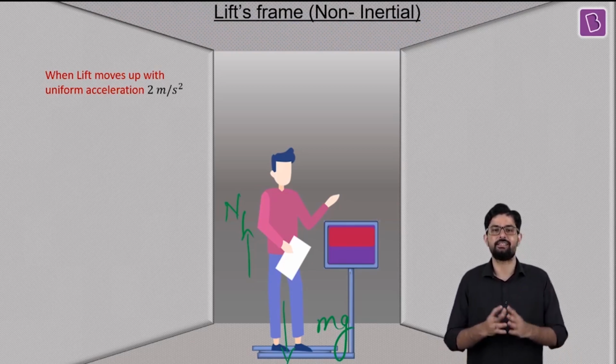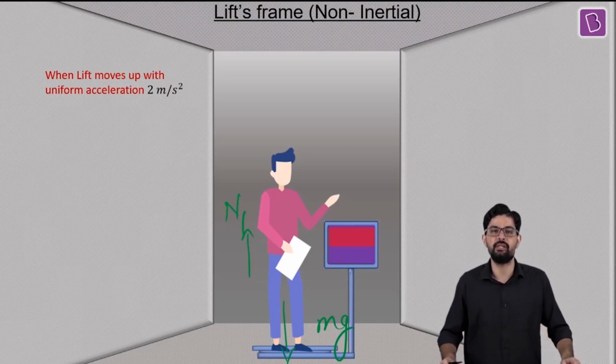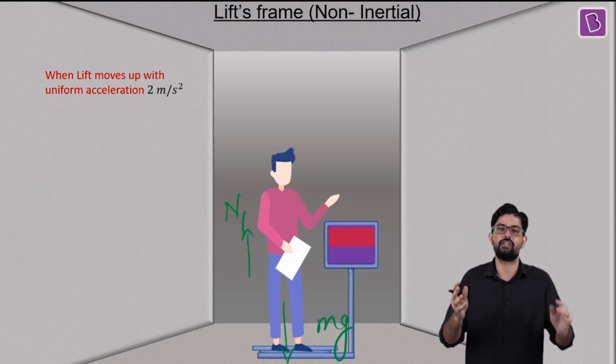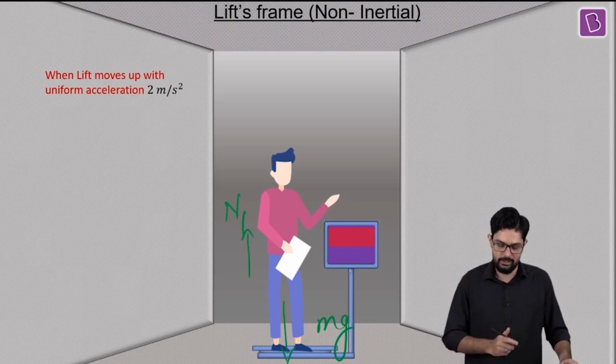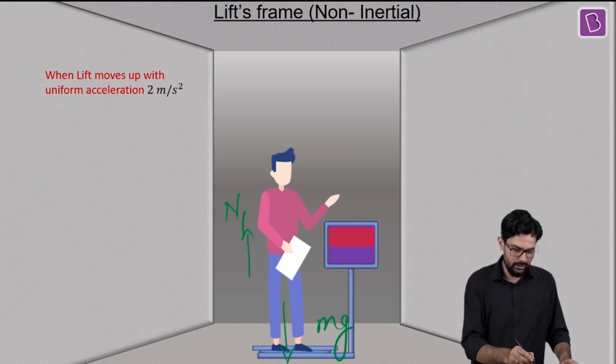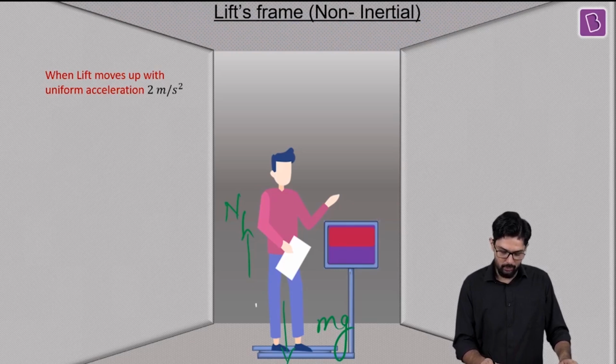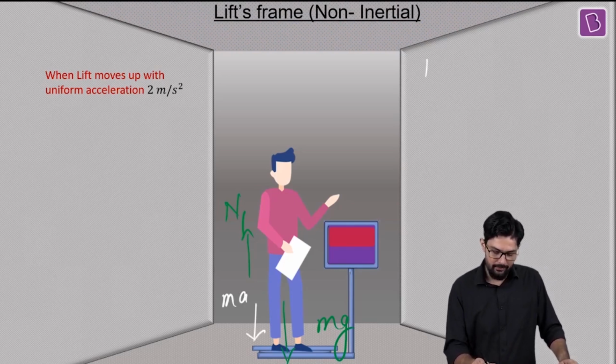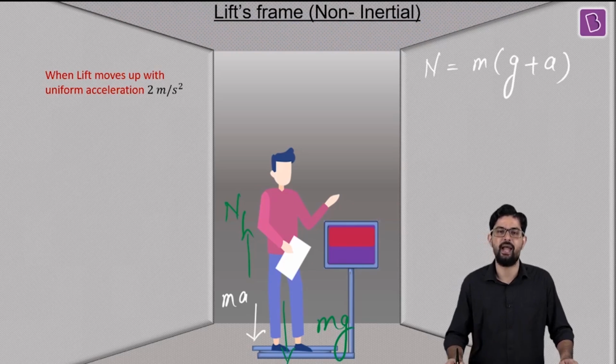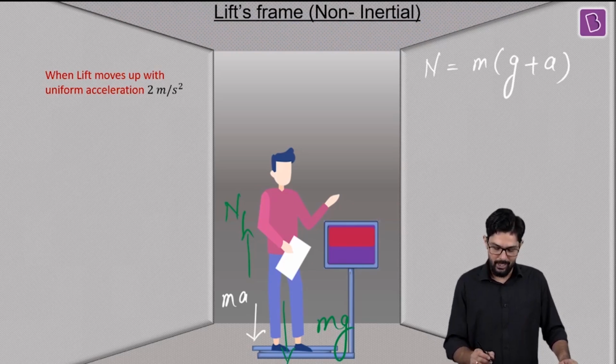So the magnitude is easy, m into a, but what will be the direction of this pseudo force? Well, the lift accelerates upwards. So the direction of pseudo force must be downwards. So the pseudo force is going to act in this case in the downwards direction, and the magnitude will be m into a, where N1 must be equal to m(g + a), because from this lift's frame, this man is in equilibrium. And there you go.